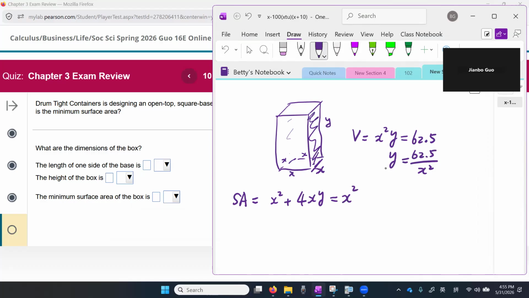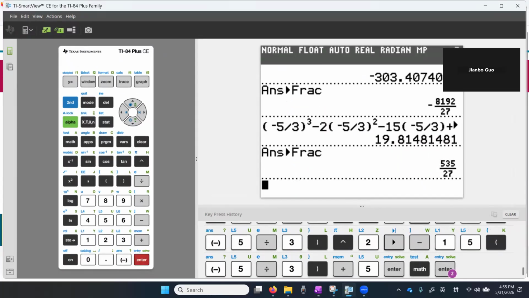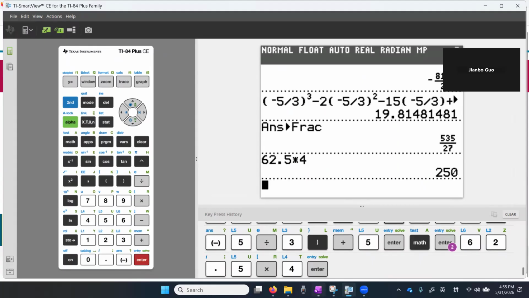So it is x squared plus 4x times 62.5 over x squared. Simplify. We have x squared plus this x cancels one of the x in the bottom, so we only have one x on the bottom. Numerator 62.5 times 4 is 250.